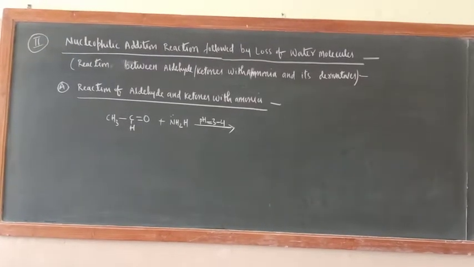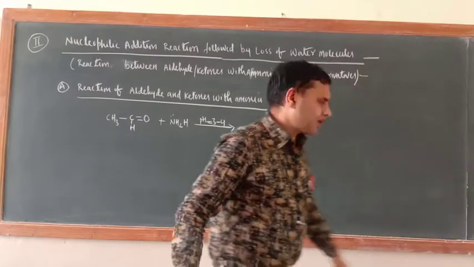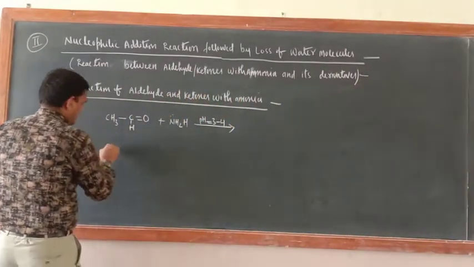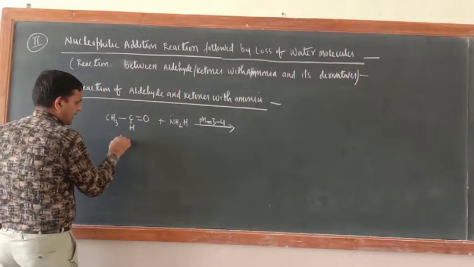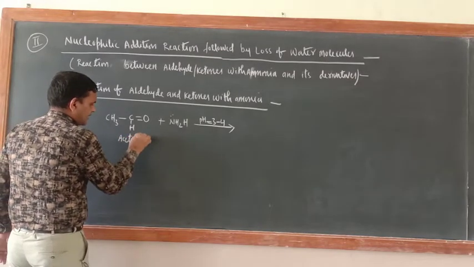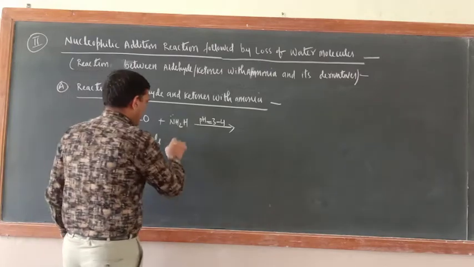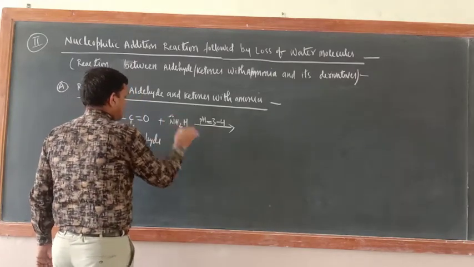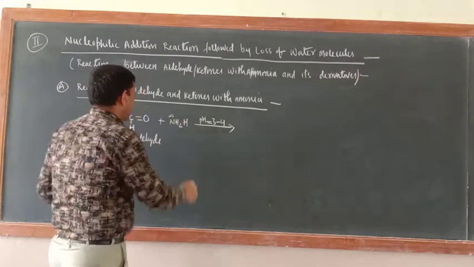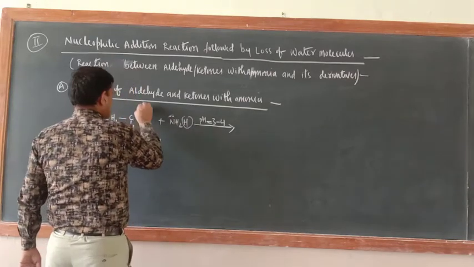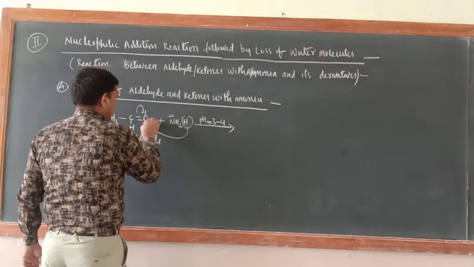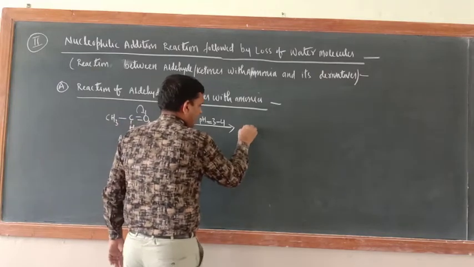Okay, so first see the reaction of aldehydes and ketones with ammonia. So what is the name of this compound? Acetaldehyde, plus NH2H, ammonia. Now one H of this one, first shift this bond here and this H will come here. So what is the product here?